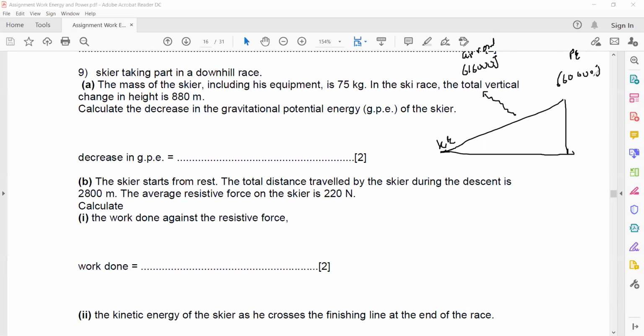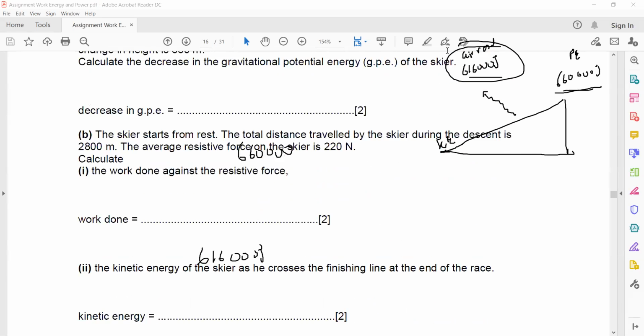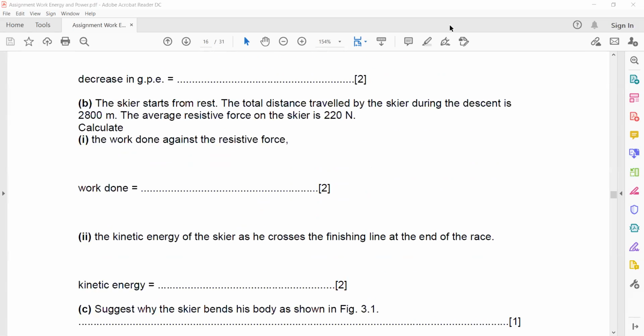Originally he has potential energy, and he lost 616,000 because of the resistive force. This was the original energy, this much is lost to air resistance, so the kinetic energy will be the difference, because the speed is not given.